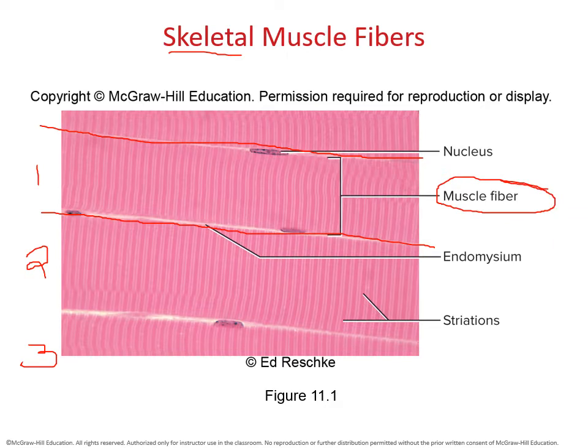So those are your little muscle cells. And within the fibers, you can see the alternating dark and light bands. These are going to be our striations. And part of what we'll explore in part one is exactly what makes up the dark lines versus the light lines. So what exactly is it made out of and how do they interact with each other?